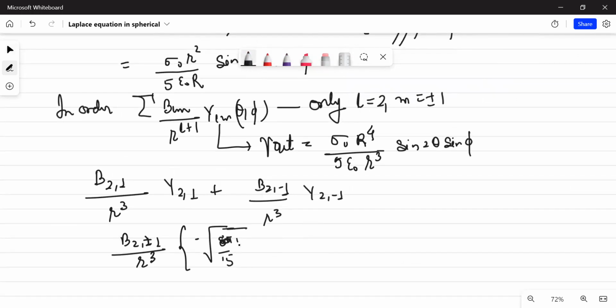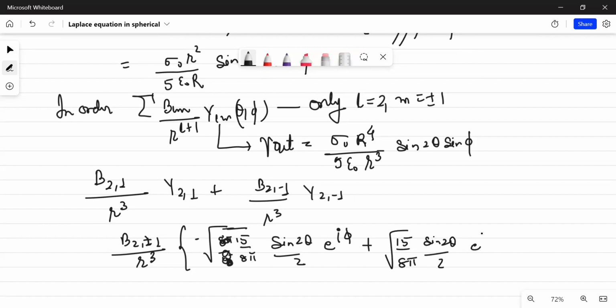So this is root 15 upon 8 pi, and then sine 2 theta divided by 2, and then you have e to the power i phi, and then plus root 15 upon 8 pi, and then you have sine 2 theta divided by 2 e to the power minus i phi. Okay, so this is how it is.